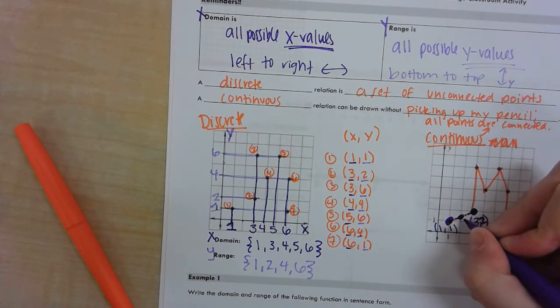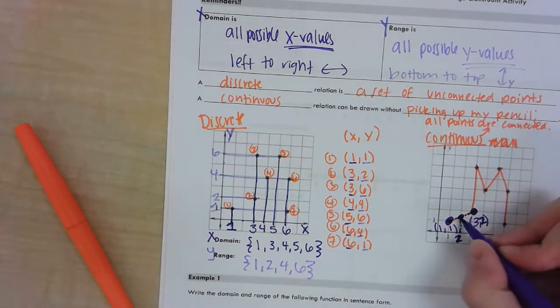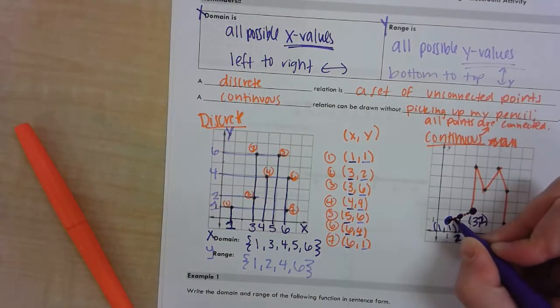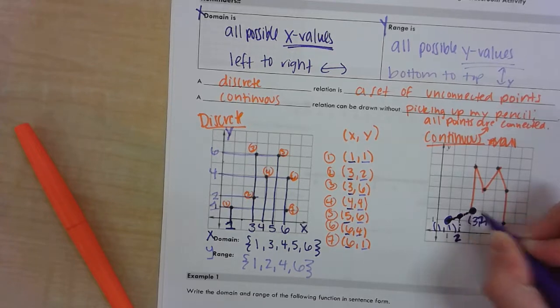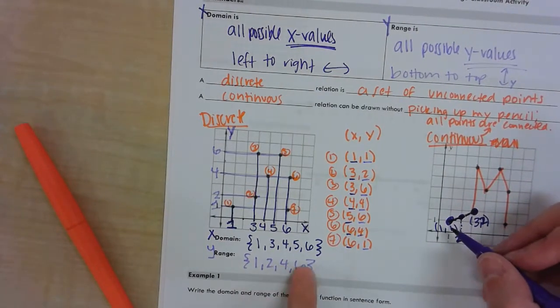So if I look right here, this is an x value of 2, right? That's going to be part of my line, but I also have all of the millions of fractions that are between. So no longer can I just list out my points.